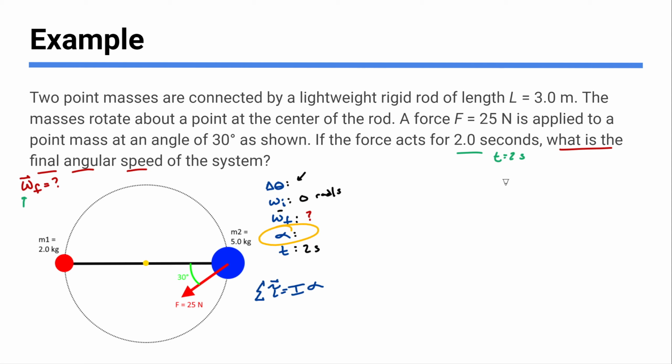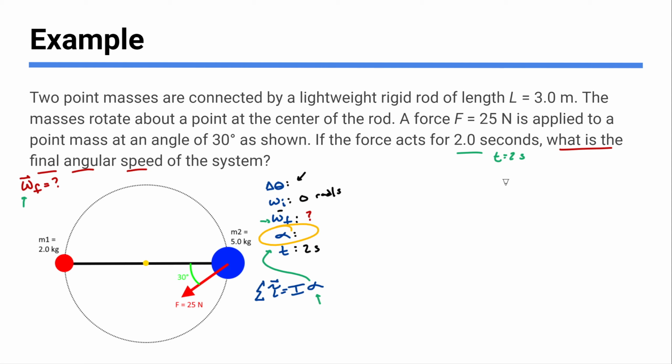And so if I can use this equation to find the angular acceleration, I can then plug that in over here and find the thing I really want. Yeah, so this is very much a dynamics problem, a rotational dynamics problem, where I'm combining F equals ma and Suvat. Now I'm combining torque equals I alpha and the rotational kinematics. It's the same process, even if you don't feel like it is, because these letters are different. All right, but it is the same process. So let's go through it.